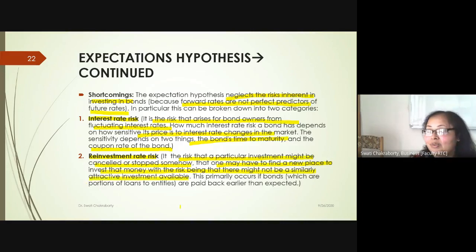You may have to withdraw your money and invest somewhere else, but you may not get the same type of returns. This basically happens if bonds are paid back earlier than expected, so you get back your money earlier than you expect.